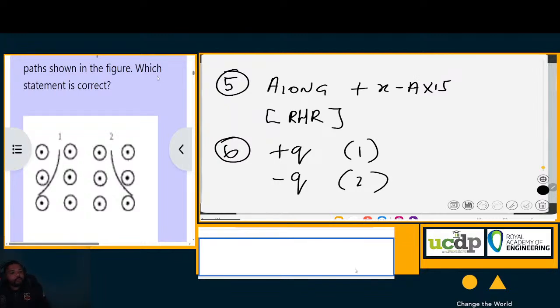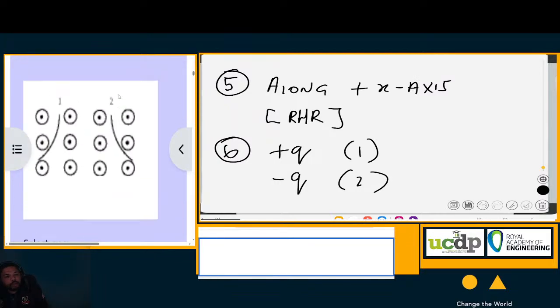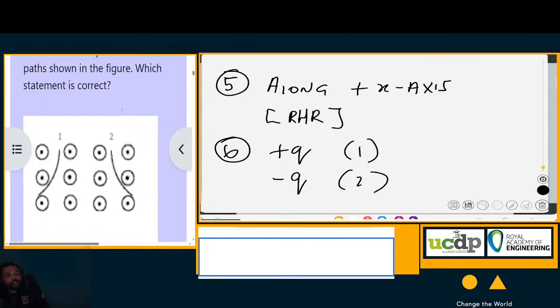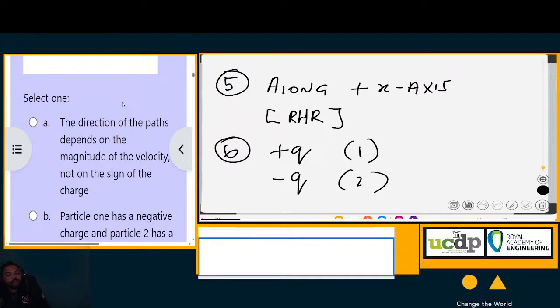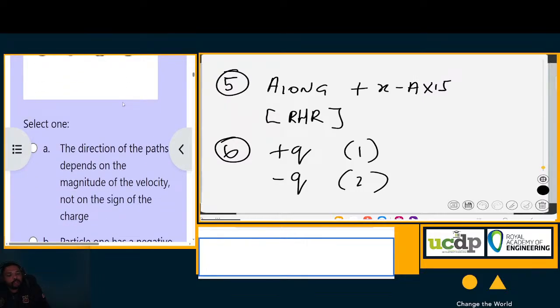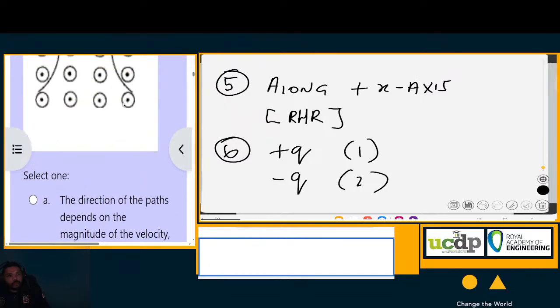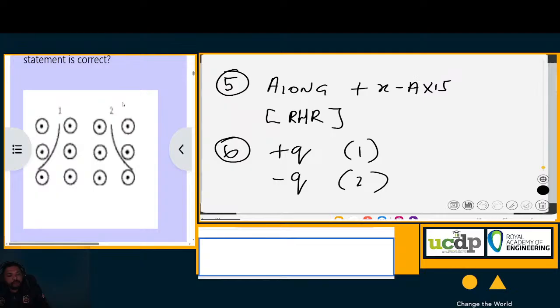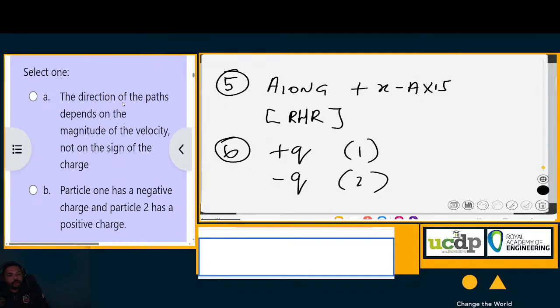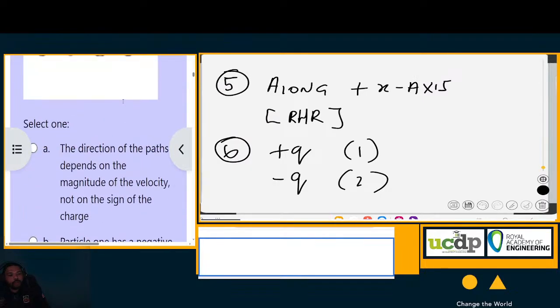So let's see which one of these statements is correct. You only have to use the right hand rule. Point your fingers downwards and your palm in the direction of the magnetic field, which is out of the page. Then your thumb would point in the direction in which a positive particle would feel a force, and then obviously the opposite would be for a negative particle.